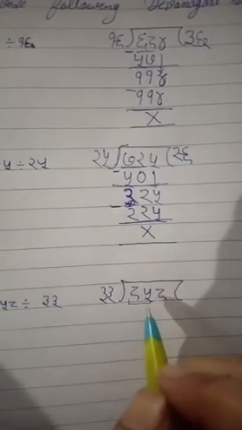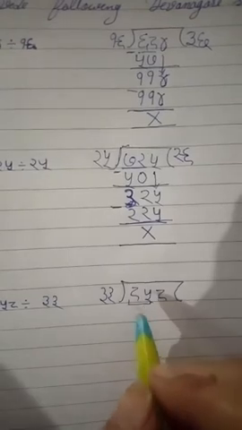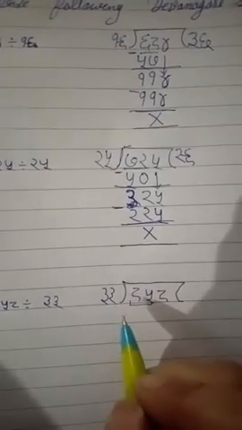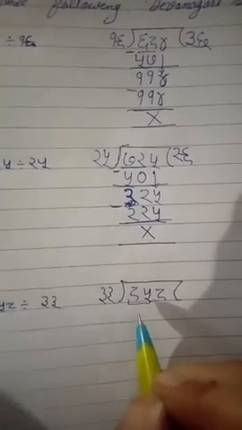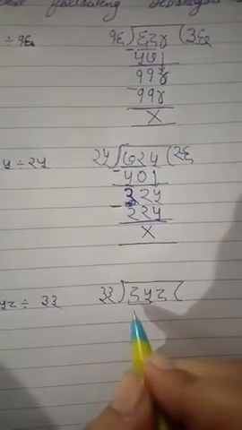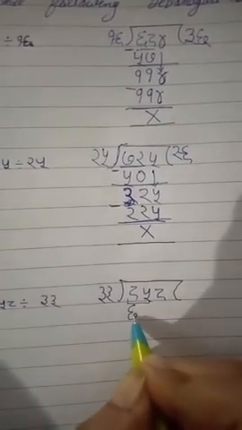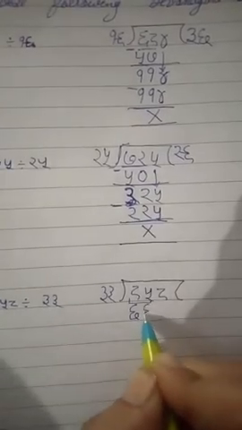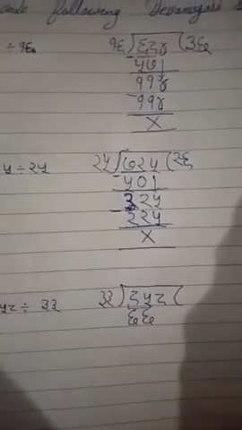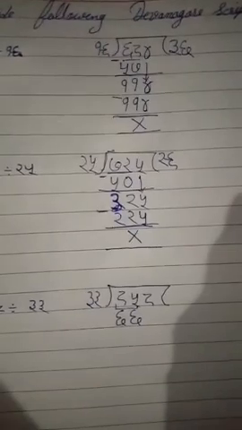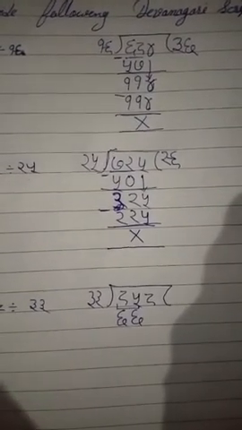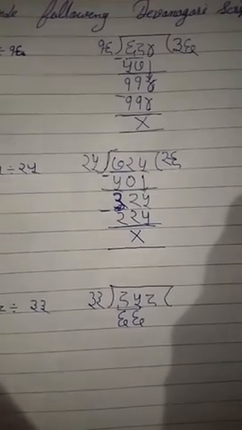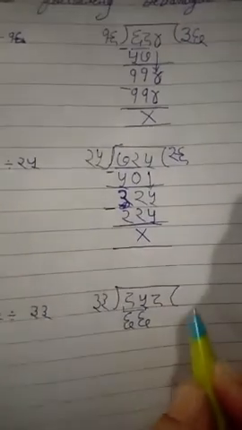We know that 85 does not lie in the table of 33. So the just smaller number is 66, 33 twos are 66, 2 times.